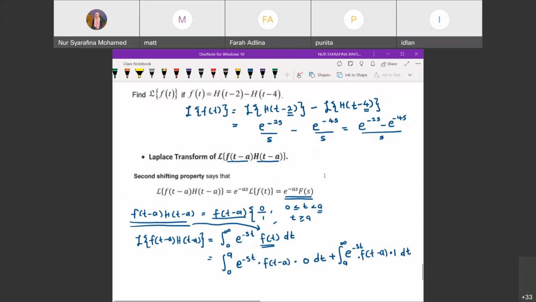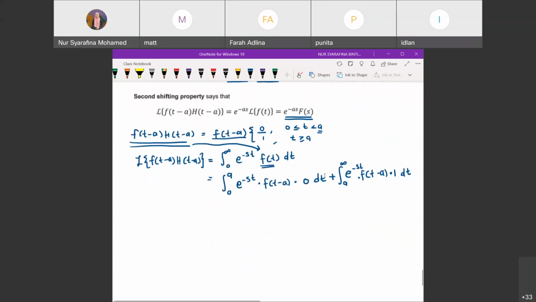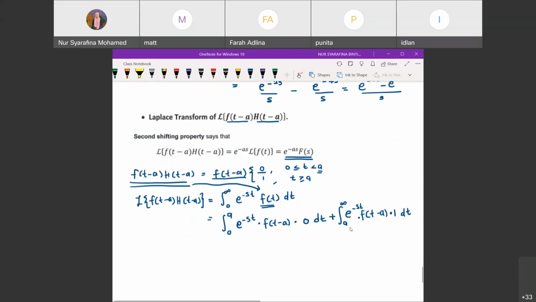Okay, so now we just can integrate one by one. So this one is 0. Okay, so now let's focus on this part.